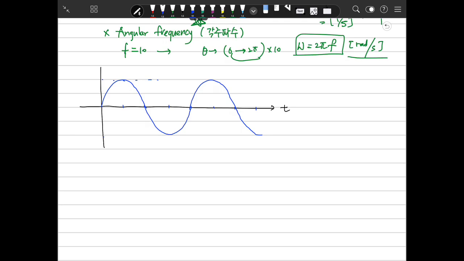It looks like that. Then we call this waveform sine omega t.